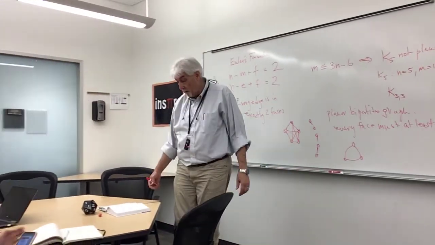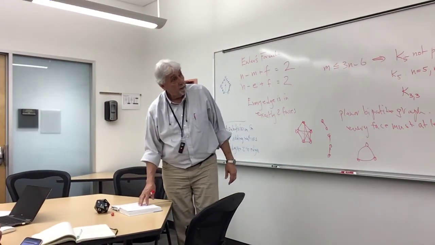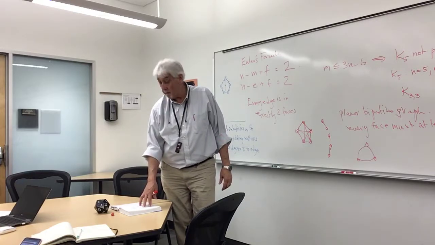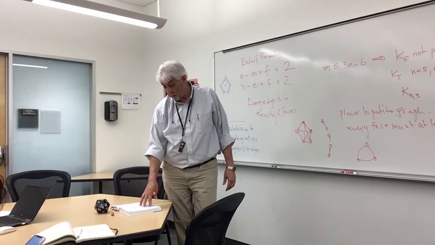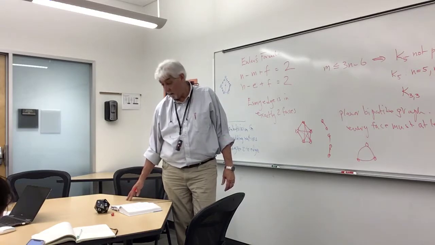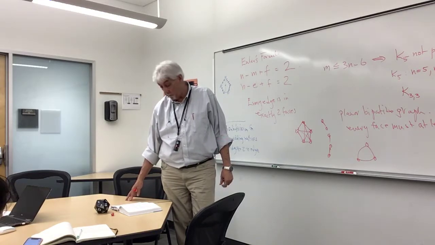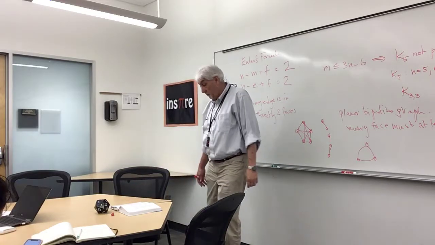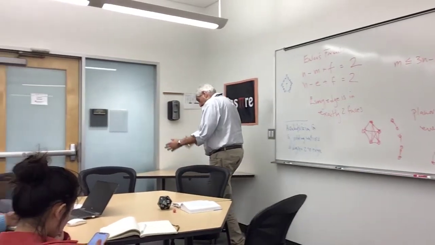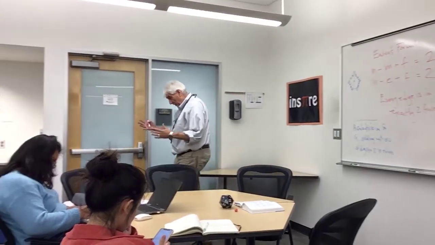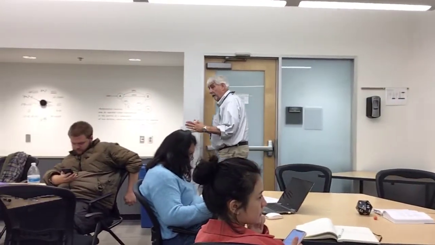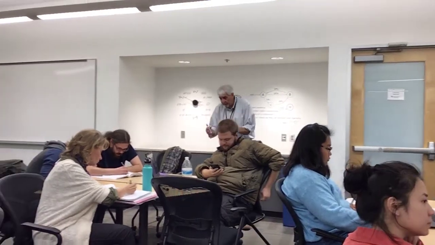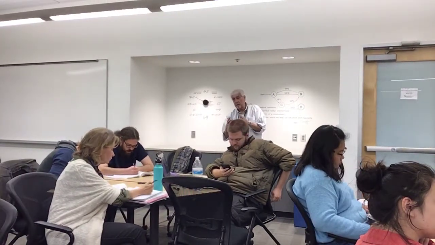Questions? The Petersen graph? Now, before you start pulling your hair out, you know, the Petersen graph, just shrink that outside cycle, it looks like a K5.